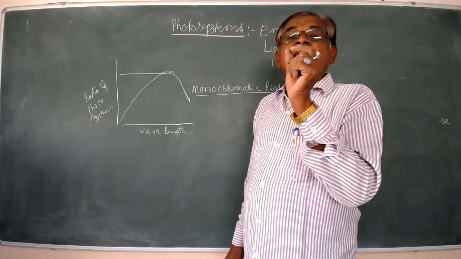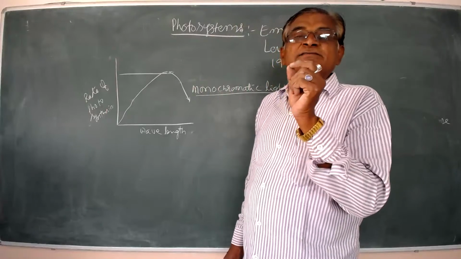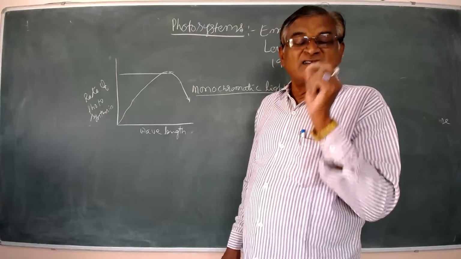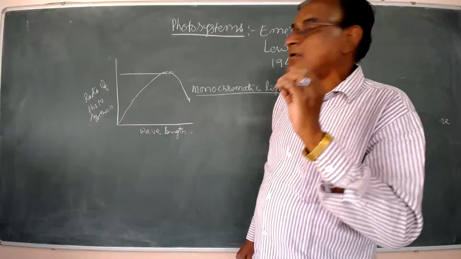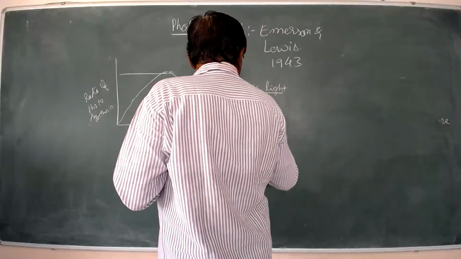And he calculated that the quanta of light sufficient to liberate a molecule of oxygen is totally 8 quanta.